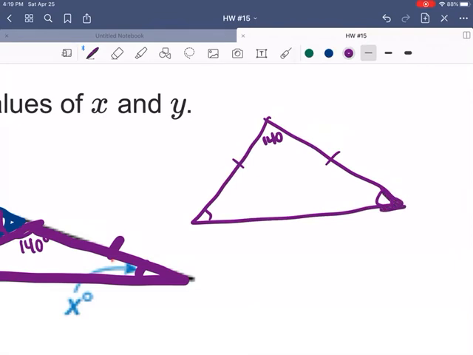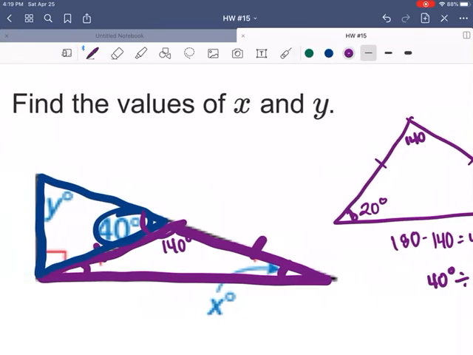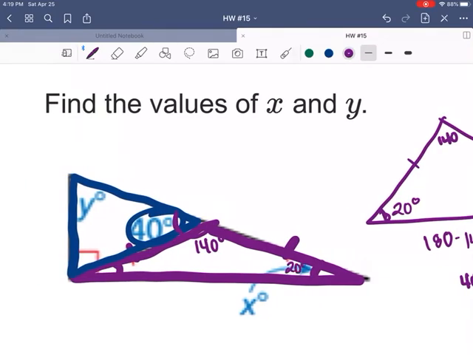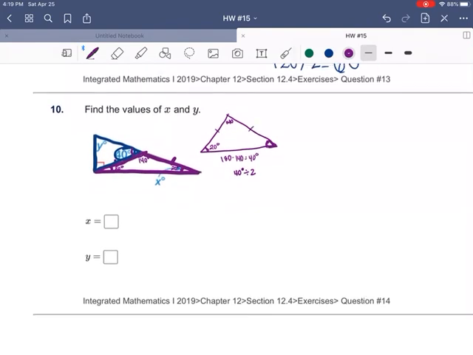So then we can say, well, 180 minus the 140 we already have leaves us with 40 degrees. So the 2 angles together have to be 40 degrees. If I want one of those angles, I'm going to divide by 2, and I get that this angle is 20 degrees. So 20 degrees, 20 degrees.